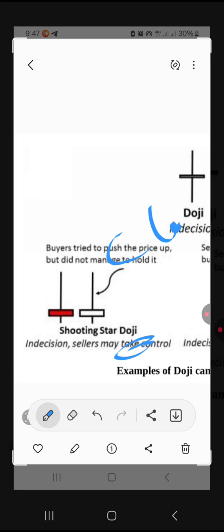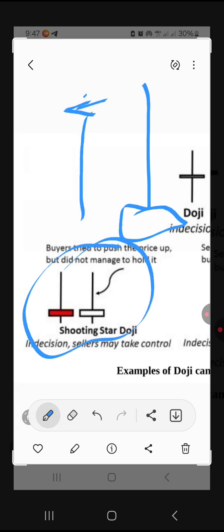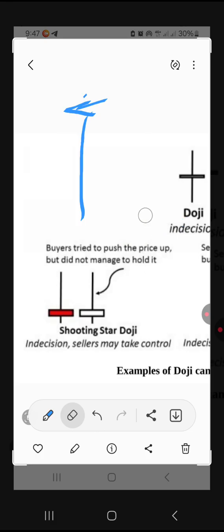Now, every time buyers try to push the market up, sellers come in, there are many sellers, and they push it down. That's where you have this kind of candle. We call them shooting stars. Indecision, sellers may take over. It seems like sellers may likely take over the market.